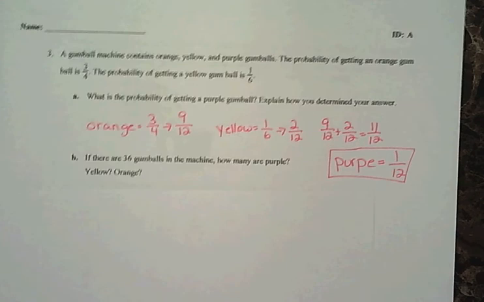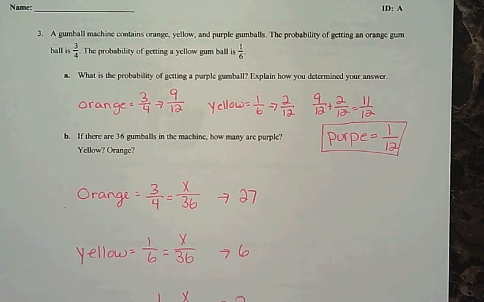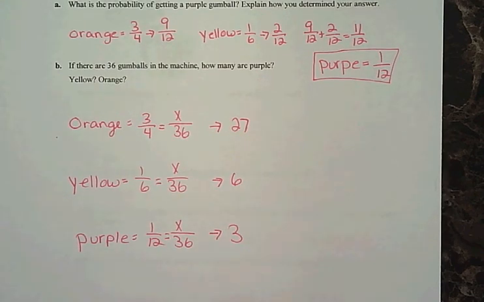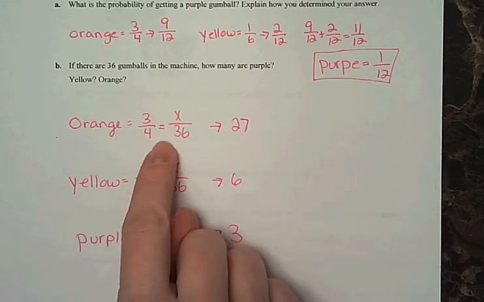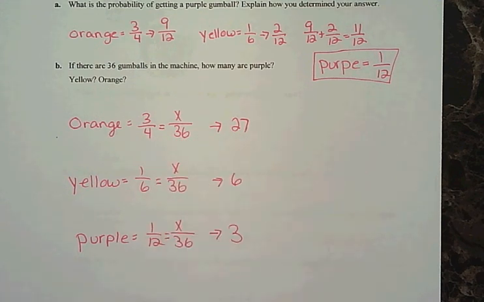If there are 36 gumballs in the machine, how many are purple, how many are yellow, and how many are orange? This one you don't have to answer in Edpuzzle. We'll just do this together. Orange is 3 out of 4, so we want a common denominator of 36, so that would be 27 gumballs.